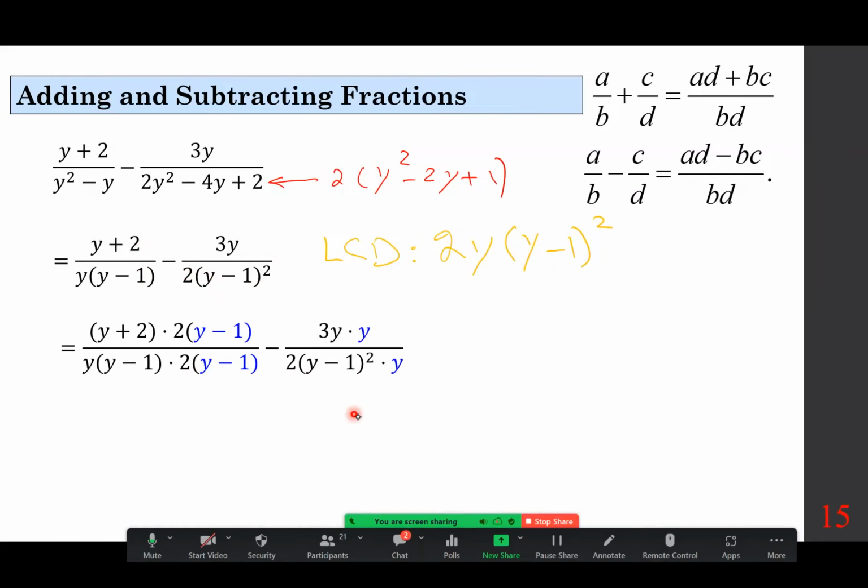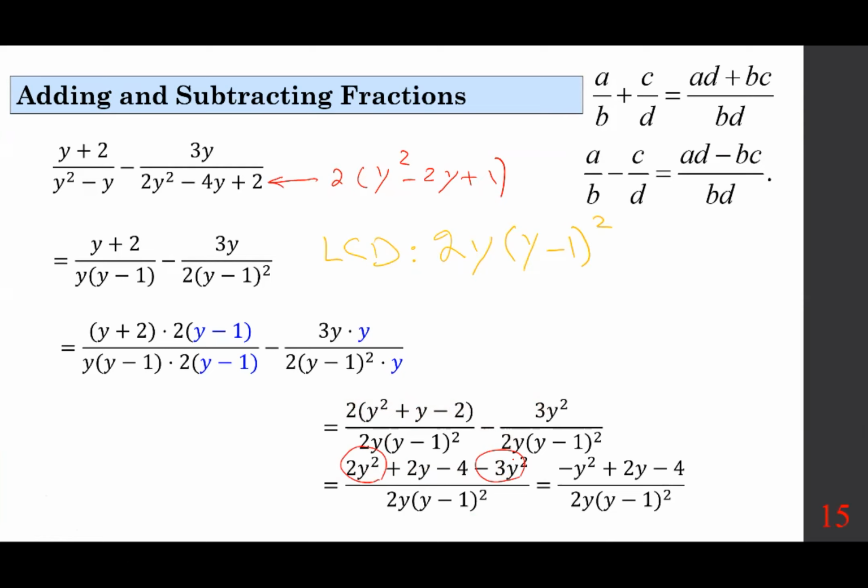And you can add them up. 2y squared plus 2y minus 4 minus 3y squared adds up to negative y squared.